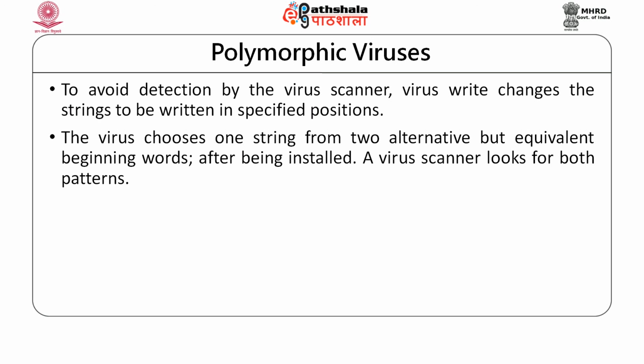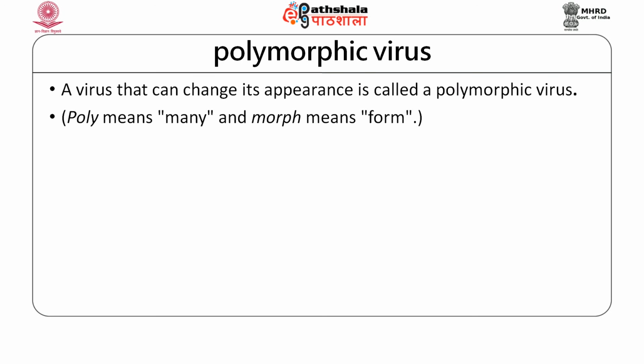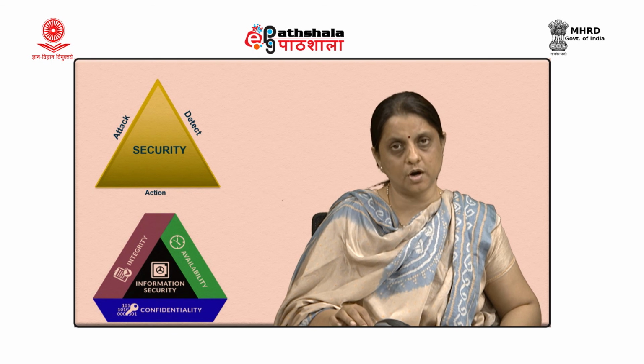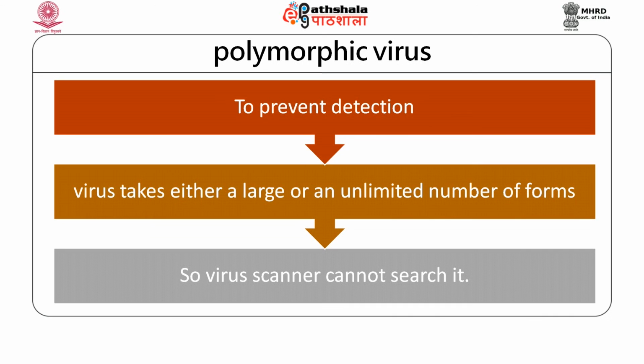So, the virus scanner has to check for both strings, because the virus randomly chooses between these two alternatives. A virus that can change its appearance is called a polymorphic virus. Poly means many, morph means form. So, one that takes many forms is called a polymorphic virus.